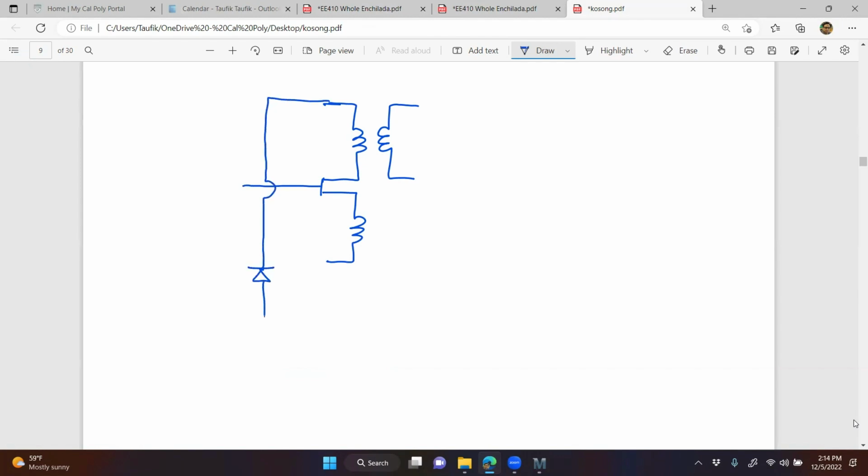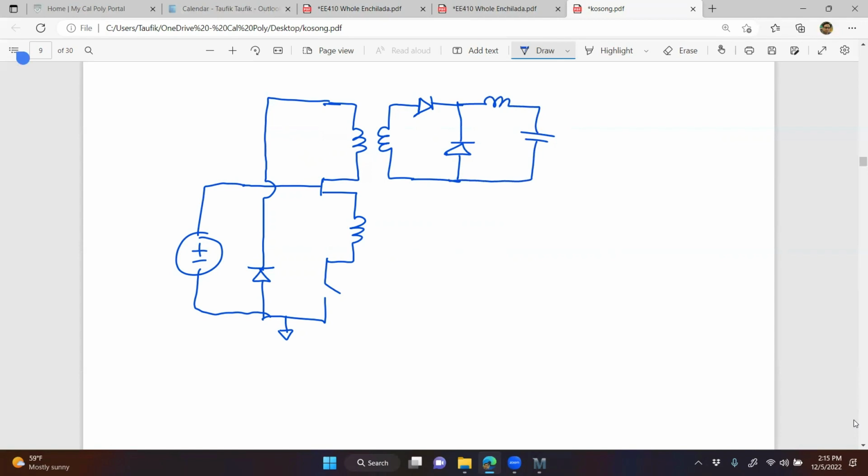So I'm going to draw the forward converter right here. When the switch turns on and the diode turns off, then the magnetizing inductance is being charged, right?